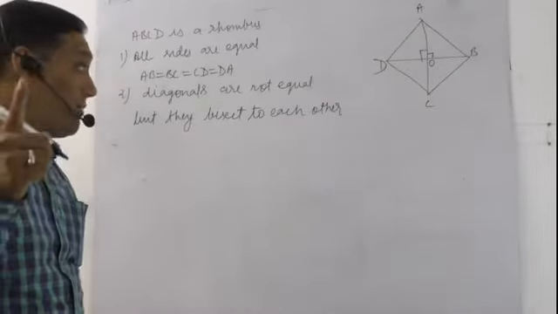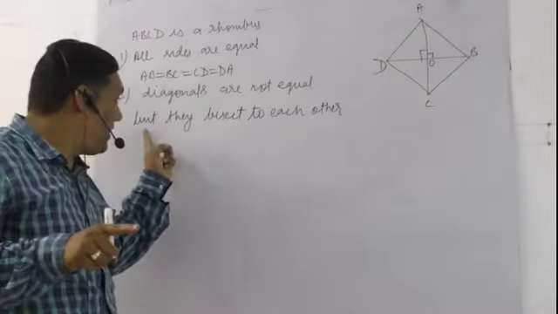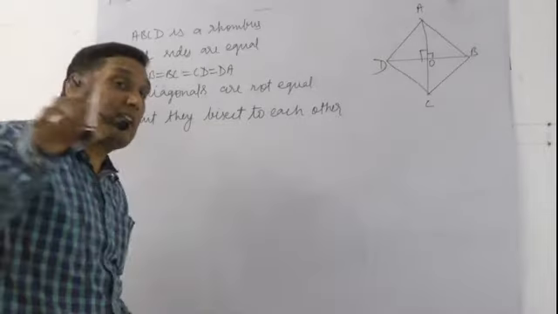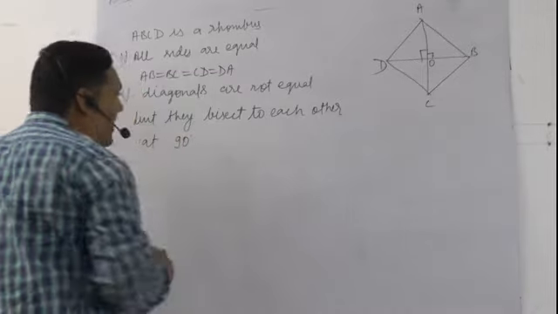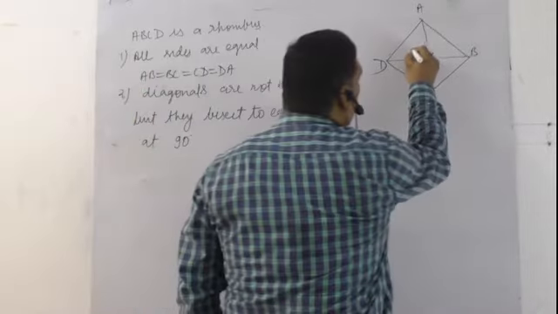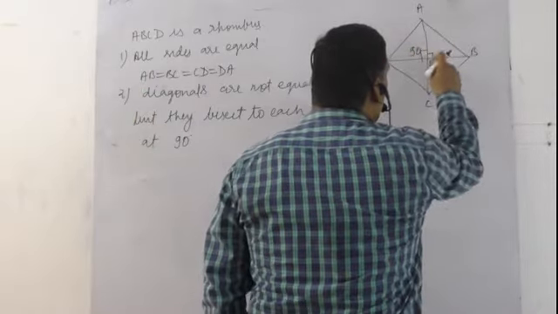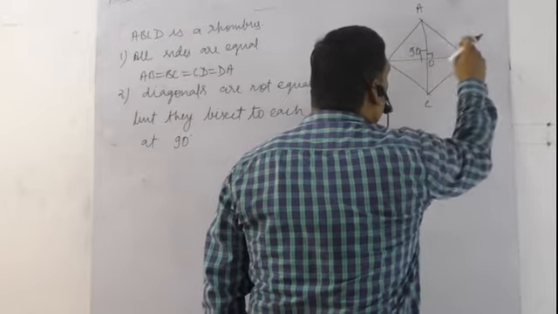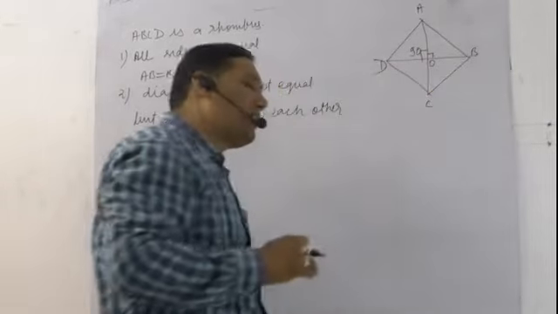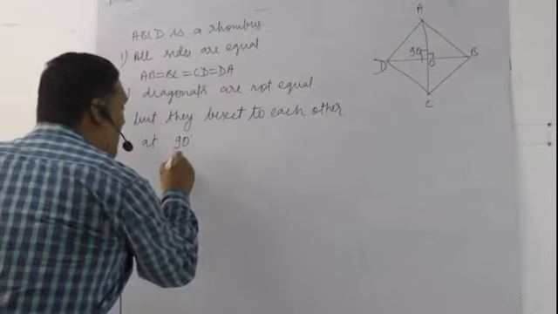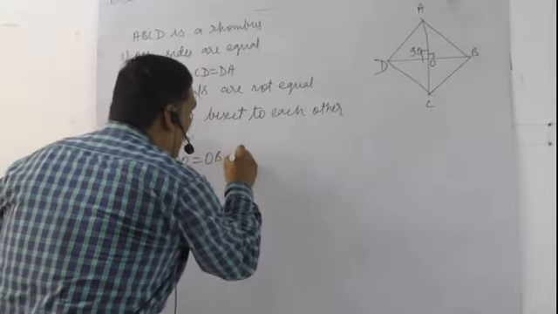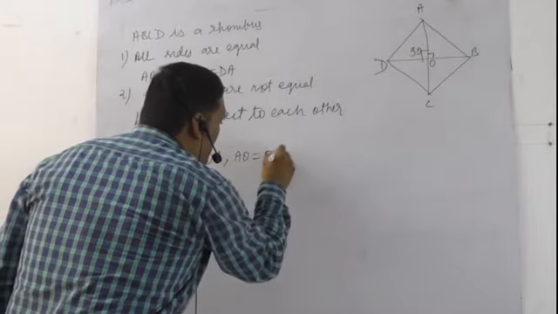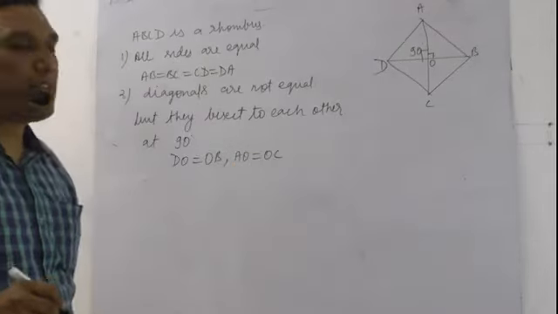Important point: they bisect each other at 90 degrees. ये एक दूसरे को 90 डिग्री पर बाइसेक्ट करते हैं. AO is equal to OC, DO is equal to OB, and they bisect each other at 90 degrees.